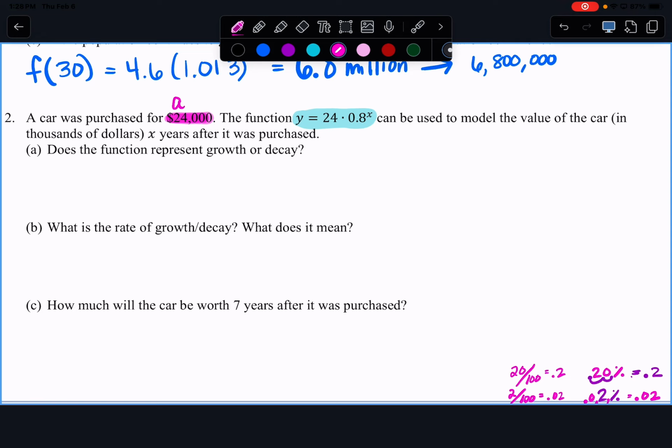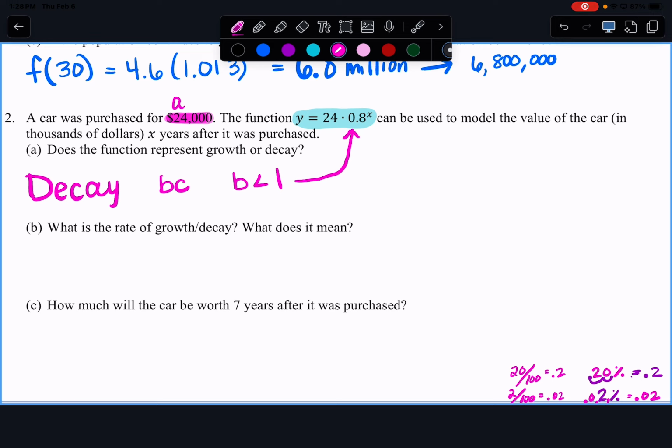So it asks, does this function represent growth or decay? Decay. Why is it decay? Because B is less than 1. We can see that right there, that 0.8 is less than 1.